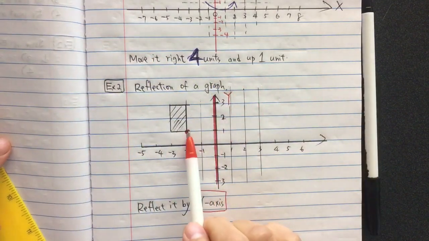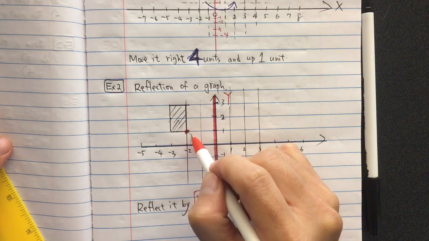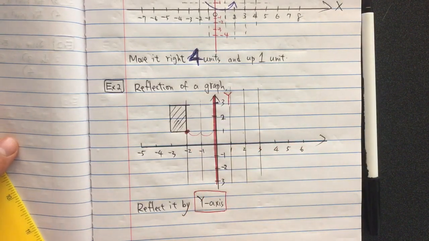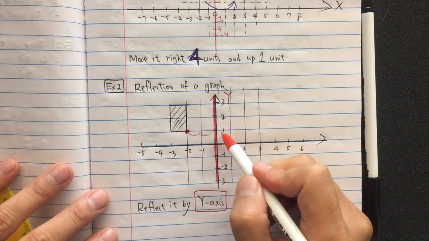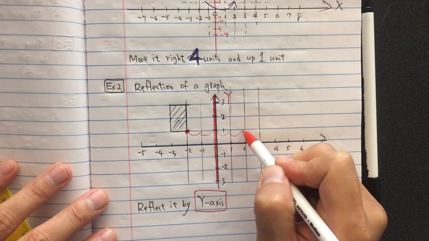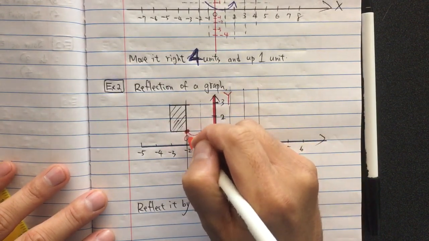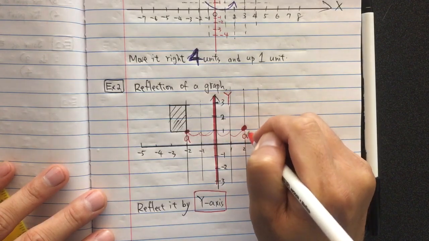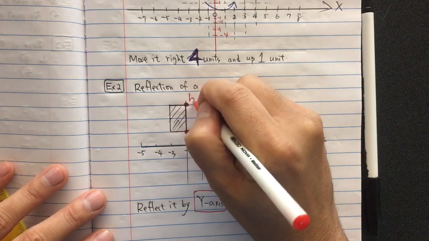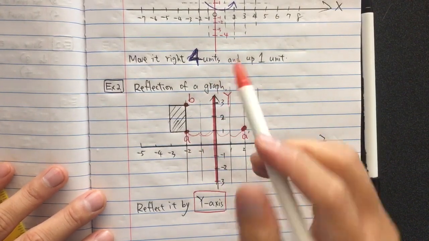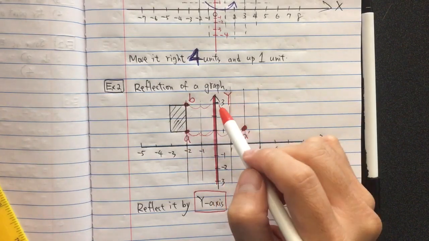After we reflect it, the distance needs to be the same from the y-axis. So now, 1, 2, 2 units, right? Here we need to do the same thing: 1, 2. So this point will come here. Let's call this A, and this A prime. Now let's call this point B, and the distance is 1, 2, so from here we need to move 2 units.